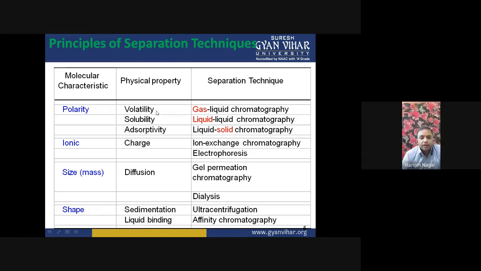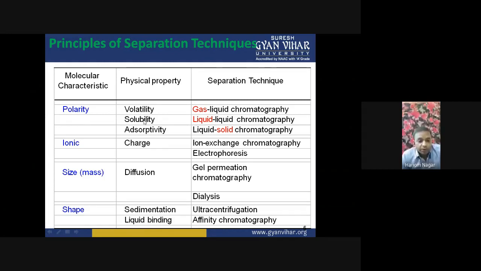And if we talk about liquid chromatography, here the solubility of the component is the principle. This is the basis of their distribution. Suppose in liquid chromatography the mobile phase is more polar and the stationary phase is less polar.